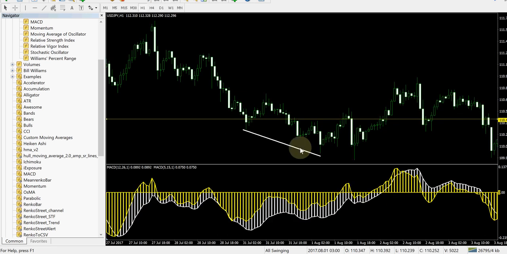Okay, this is a bullish divergence. You see here, these are the two low points, the previous low and the current low point. And let's do the same thing on the indicator.